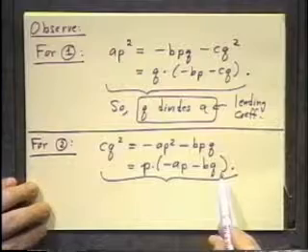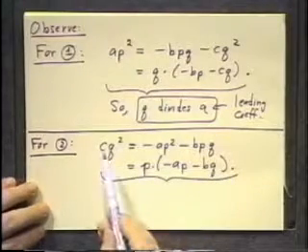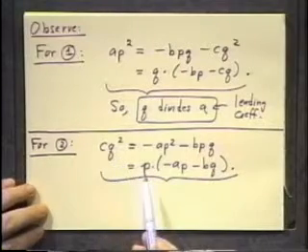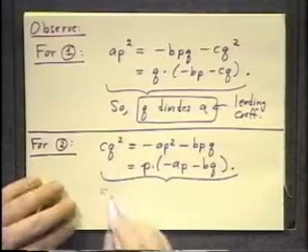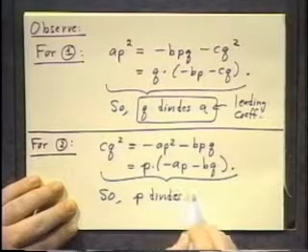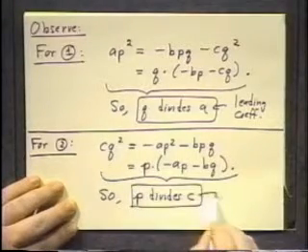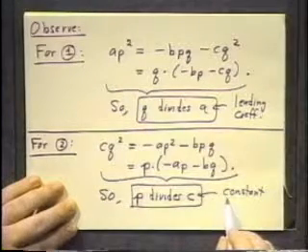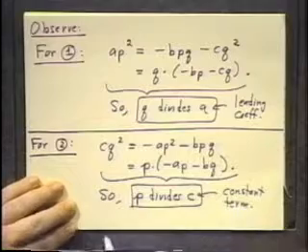Since p divides the right-hand side, p must also divide the left-hand side. But p and q have no factors in common, therefore p must divide c. So p divides c, and what was c, remember? c was the constant term.